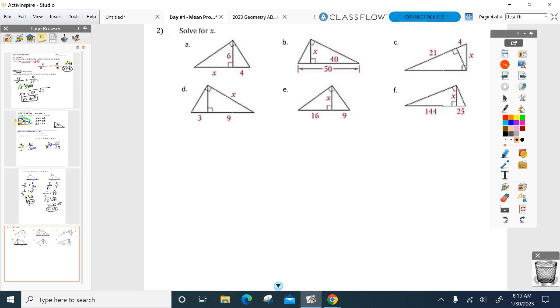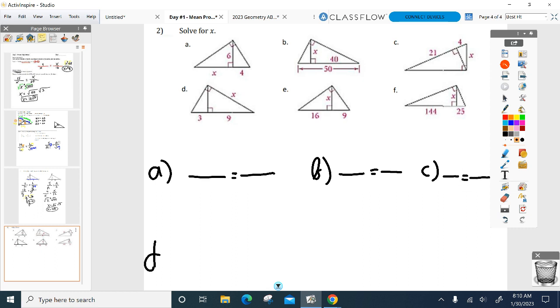If it's not, hills. If it is a radical, leave your answer in simplest radical form.